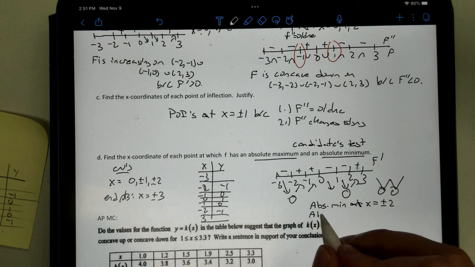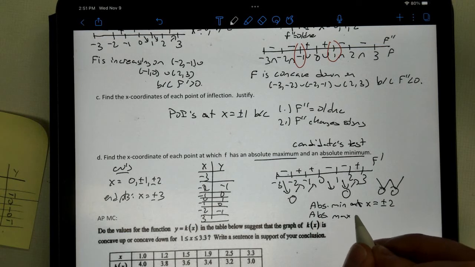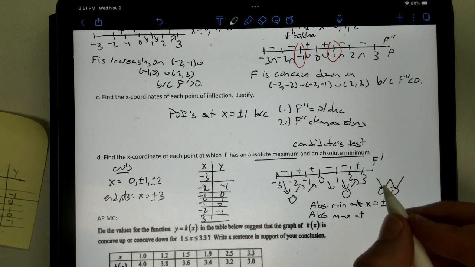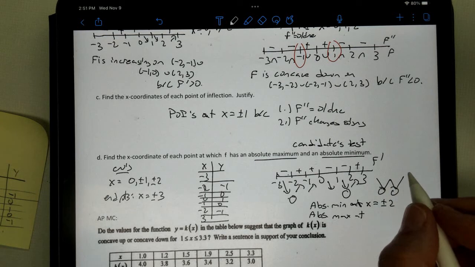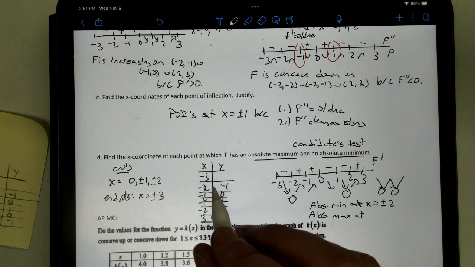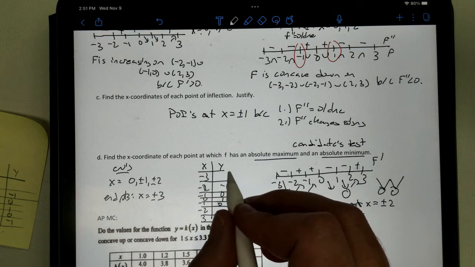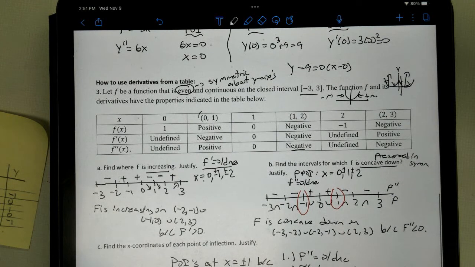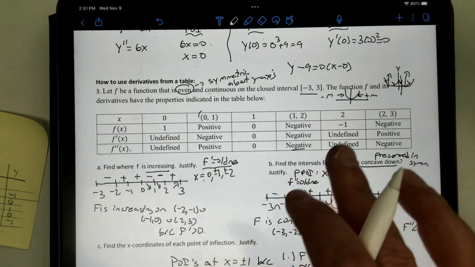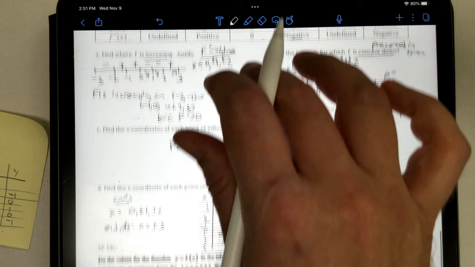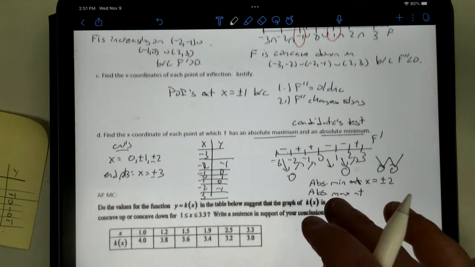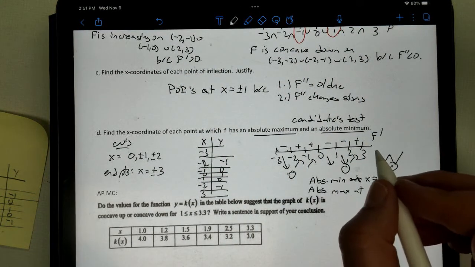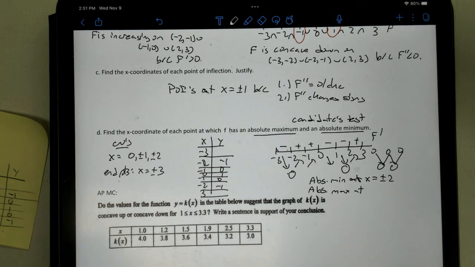So what about my absolute maximum? Well, let's think about it. It goes down, and up. Now that's going to be a little bit harder to do because we don't know the values at 3. Because we don't know the values at 3, I don't know which of these 3 will be my highest point.